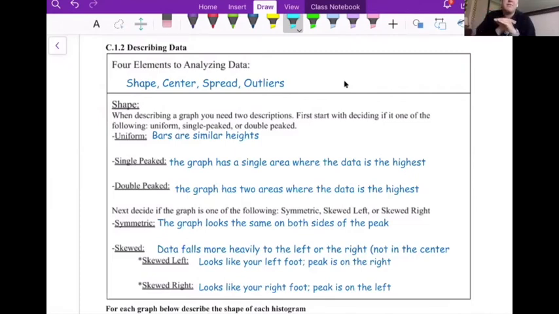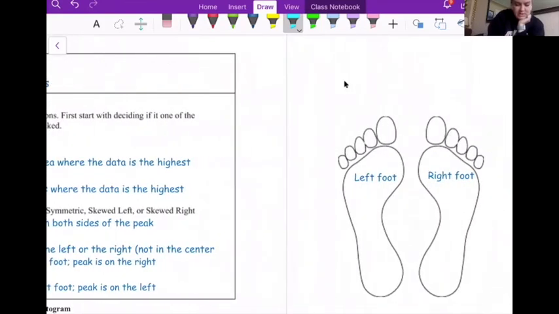Skewed means that it falls heavily to the left or to the right. And so if our data is skewed to the left, that means that it looks like your left foot where the peak is on the right. And so what this means is if we have our data set, it means that our peak is further to the right.